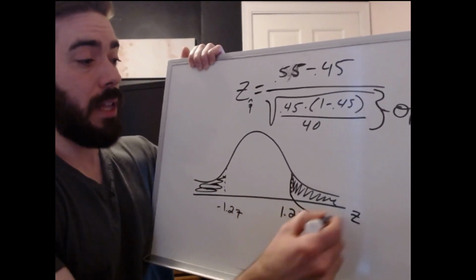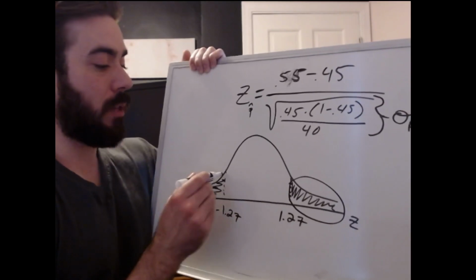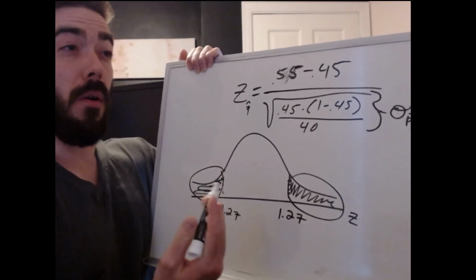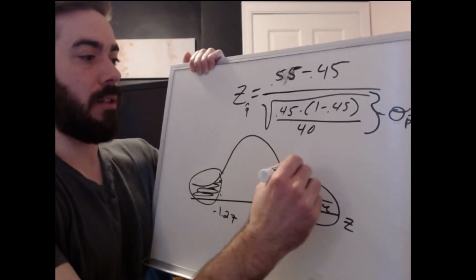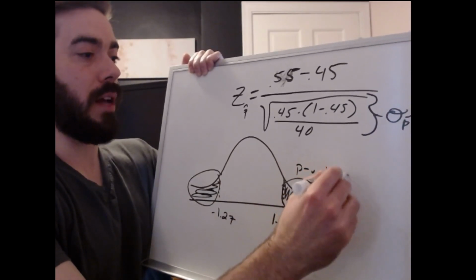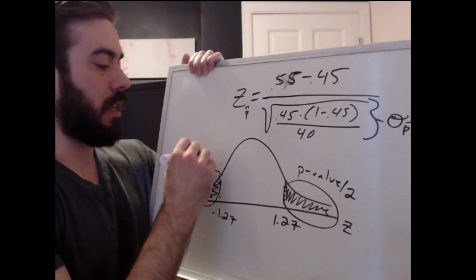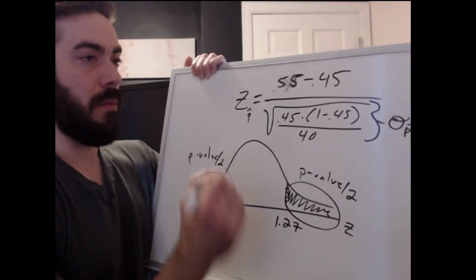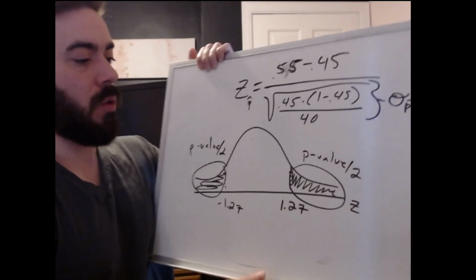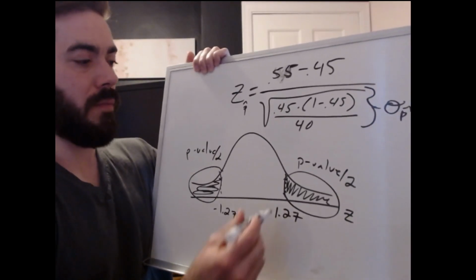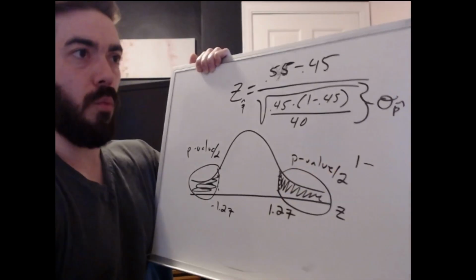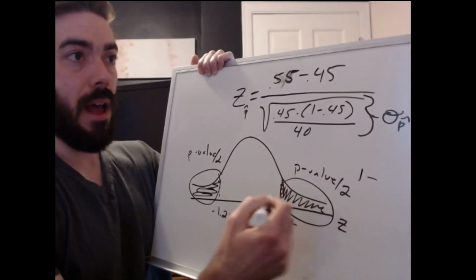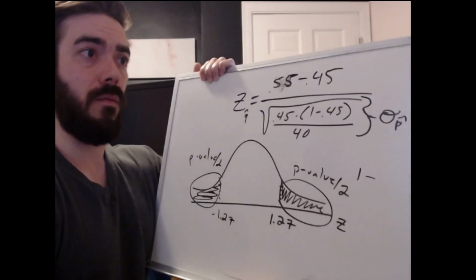So we can find the area of this tail, but for a two-tailed test, we have to remember, oh yeah, I have to multiply that by 2 in order to get my p-value, right? So each side with a two-tailed test really only represents half of my p-value, okay? So I could look up 1.27. It would tell me the area to the left of it. I would then subtract that from 1. Once I have that, I then multiply it by 2 to find my final p-value.